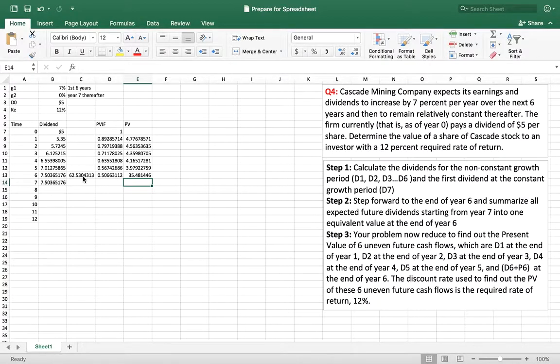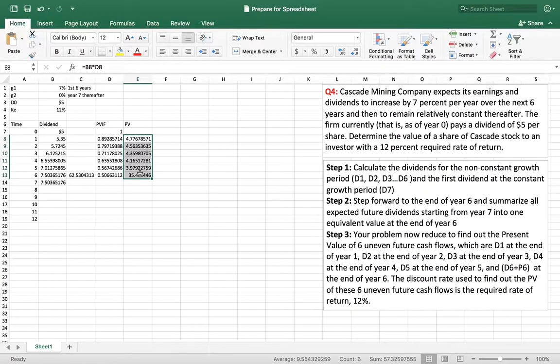We can now obtain the share price by summing the present values of the dividend at the end of year 1, the dividend at the end of year 2, the dividend at the end of year 3, the dividend at the end of year 4, the dividend at the end of year 5, the dividend at the end of year 6, and P6. That is, to sum up cells E8 to E13.